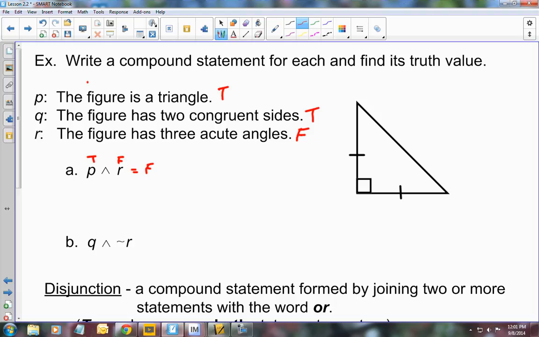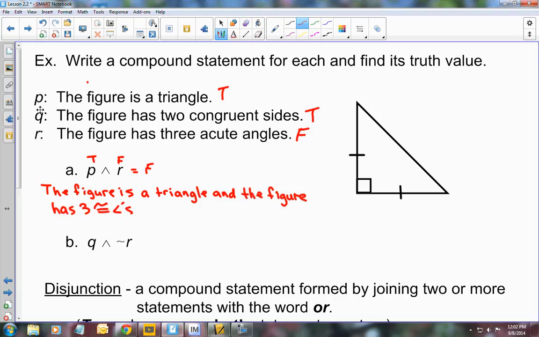Now, I want to put it together as a statement. My statement would be, the figure is a triangle, and the figure has 3 acute angles.